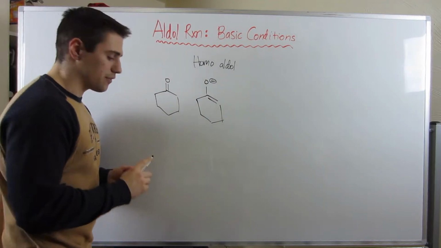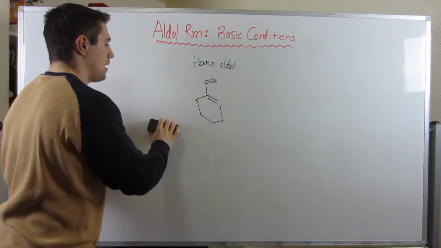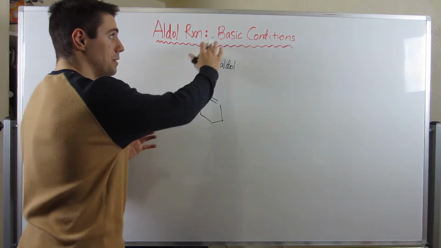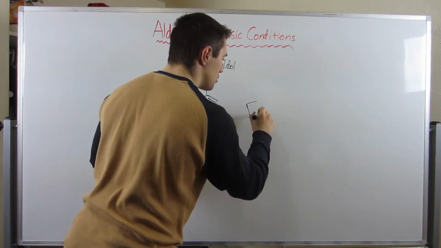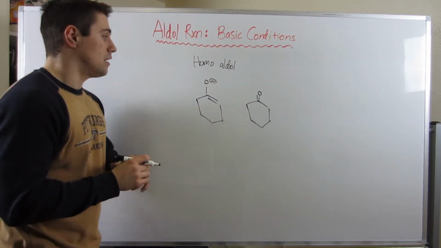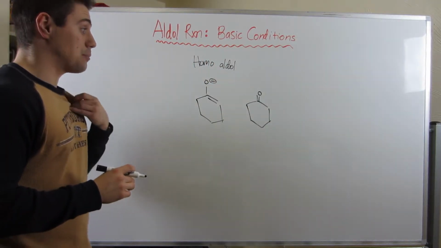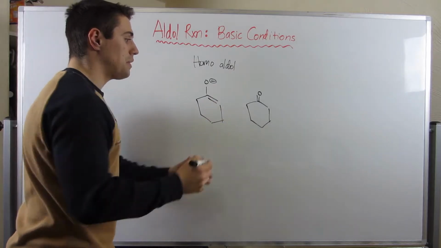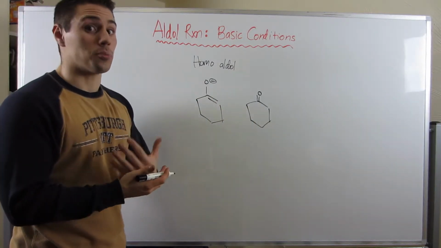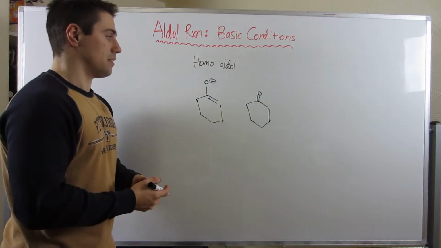We don't have to worry about kinetic versus thermodynamic. And then let's just say we make him an enolate. We're in basic conditions. And let's just say we're going to attack another cyclohexanone, right? So in the example previous, this was our enolate, but then we had benzaldehyde. But now we have the same species. One's just the carbonyl, the other one has flipped to the enolate.